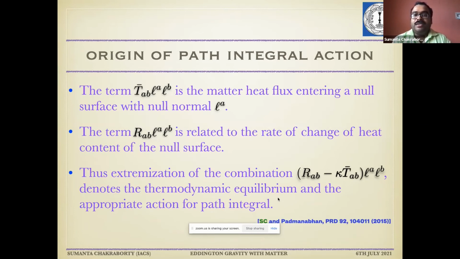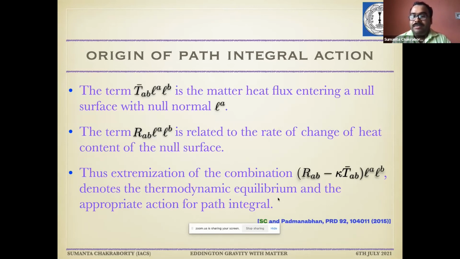Those degrees of freedom can be thought of as being null in nature, maybe, with L^A and L^B as their vector fields, as the characteristics denoted by them. And then R_AB minus kappa T bar_AB, contracted with L^A L^B, gives us the equilibrium condition. And that we can take as our action.